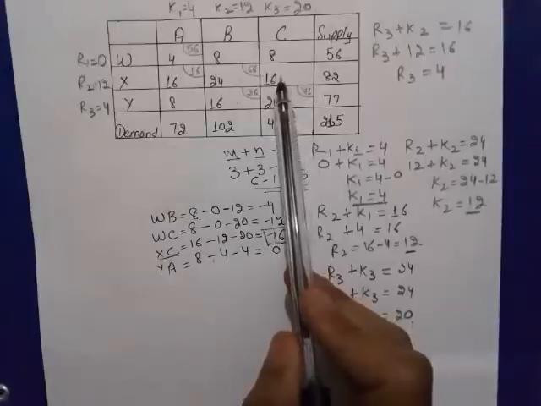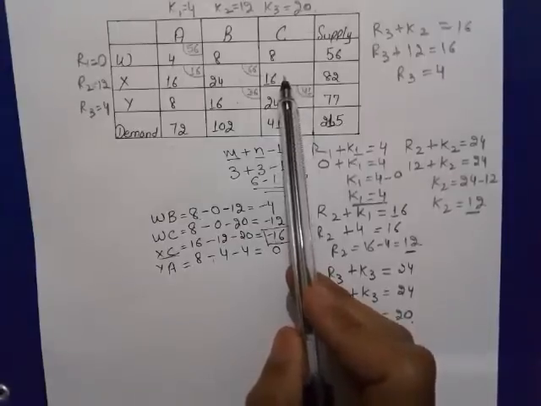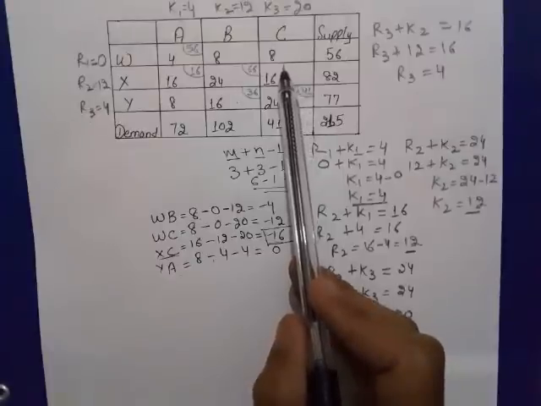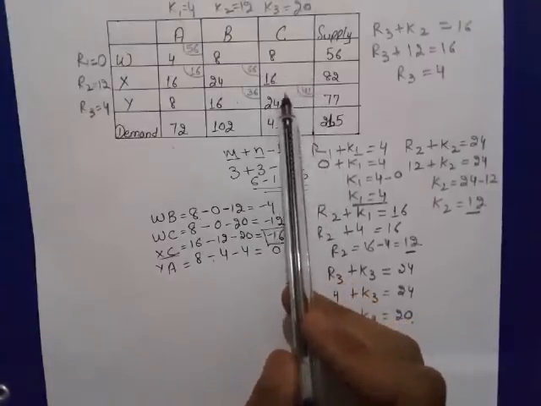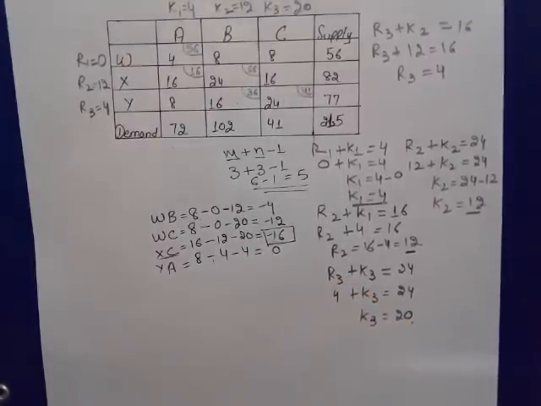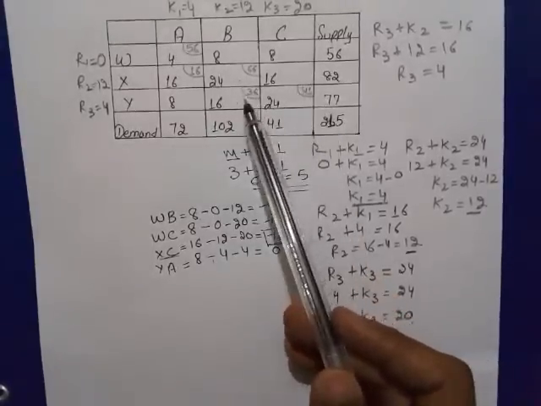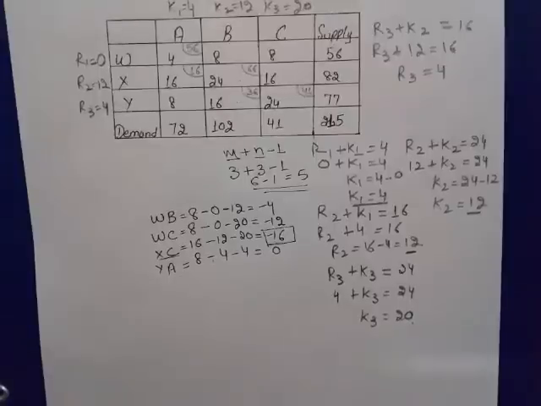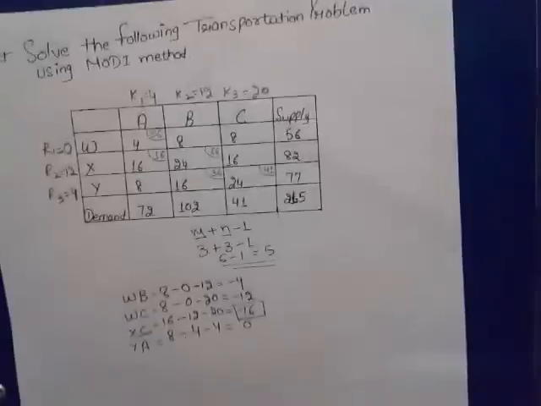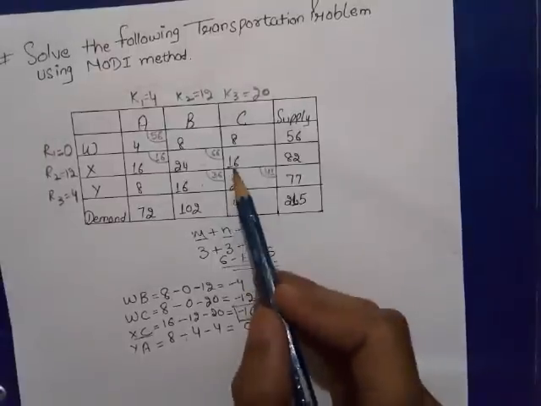We have to make this cell occupied to calculate whether by making this cell an occupied cell and the other a non-occupied cell, there is a decrease in the total transportation cost. If there is, then we have to make this cell an occupied cell and the other which increases our cost an unoccupied cell. So let's do it. So now the highest is selected.